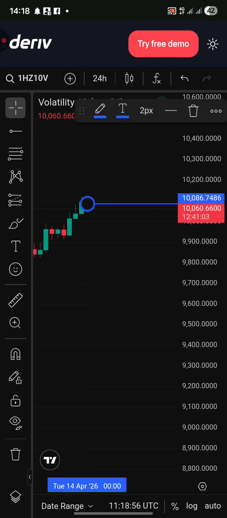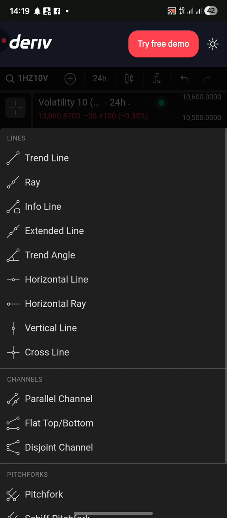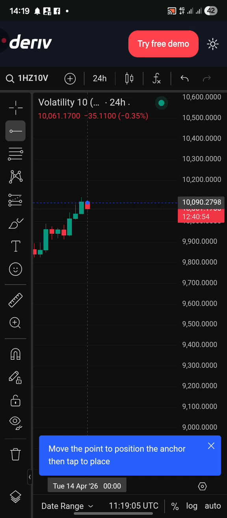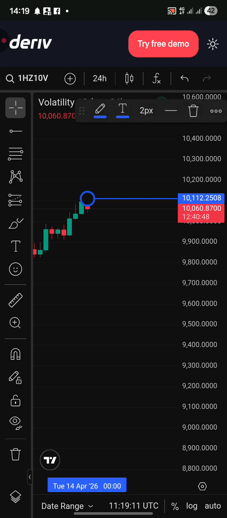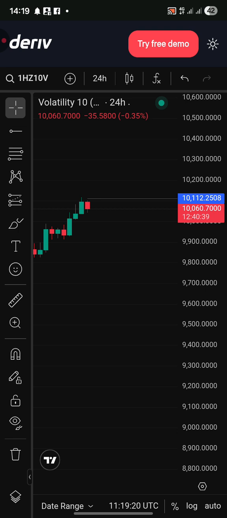Don't know why it looks like this. Let me put another. So you take this horizontal layout and you put it there. Let me put it like, for example, 1p. Let me reduce this color to something like that, so at least you can see.